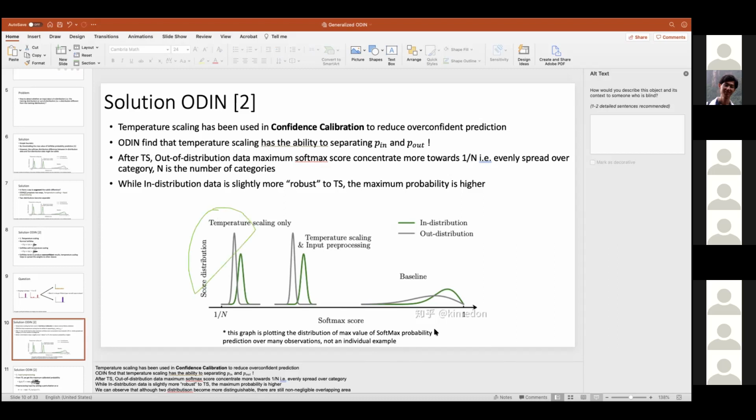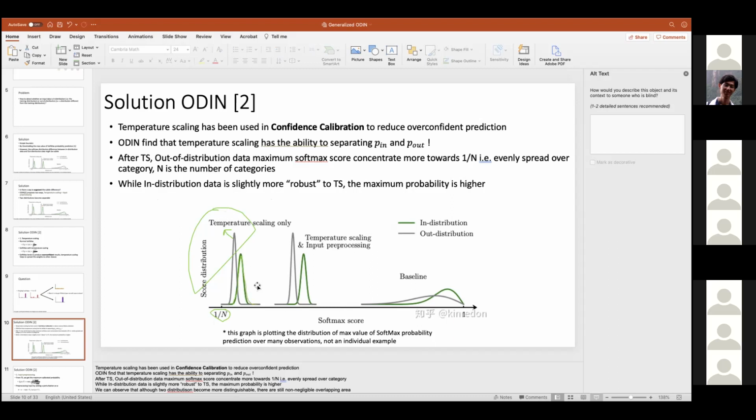So here, the gray curve is the out-of-distribution data. They concentrate more towards 1 over n. But the in-distribution data is slightly more robust to temperature scaling. Their maximum probability is a little bit higher than the gray curve.